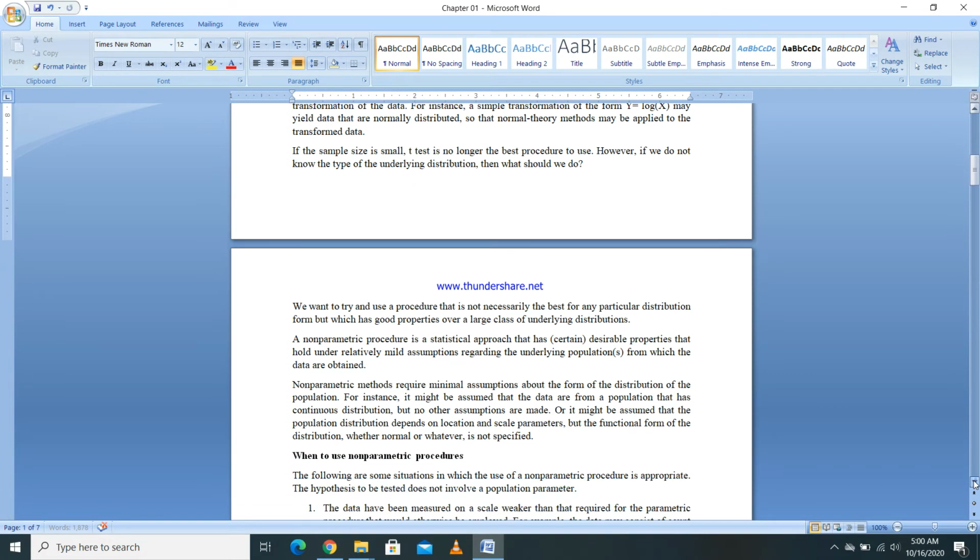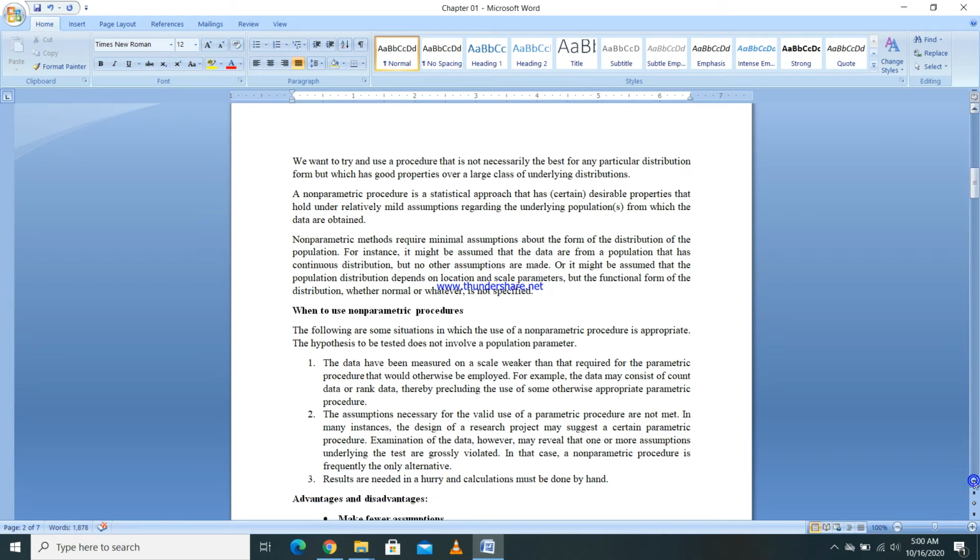So in this case, as I told you, why are we using these non-parametric procedures? The first situation is this. When you compare parametric and non-parametric methods, you will see that in non-parametric methods we don't want to know about the population parameters.